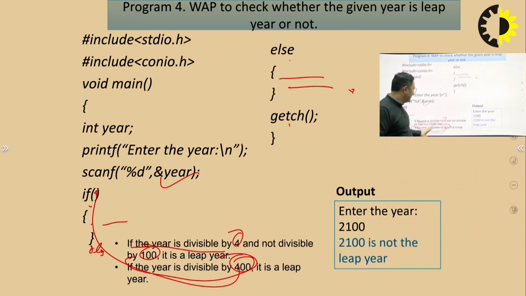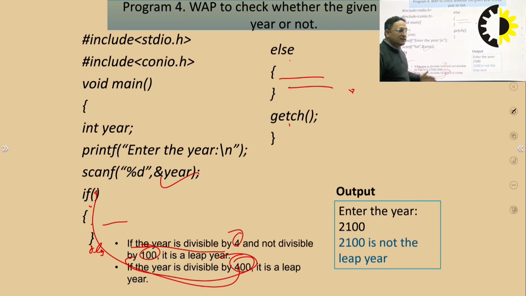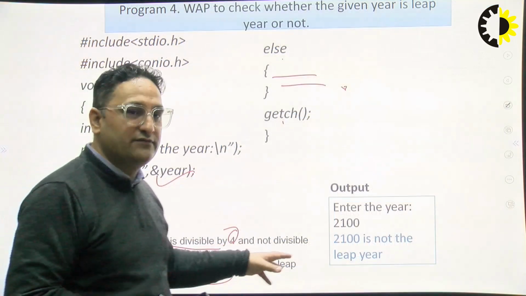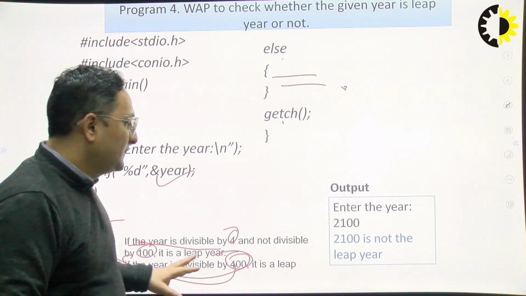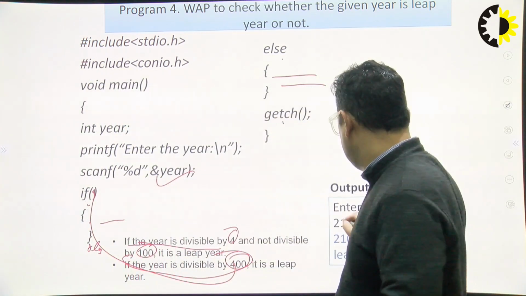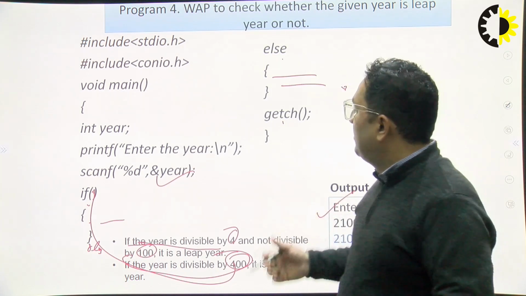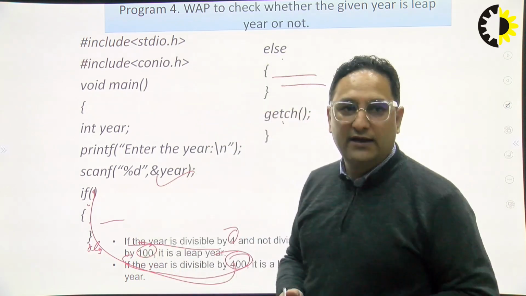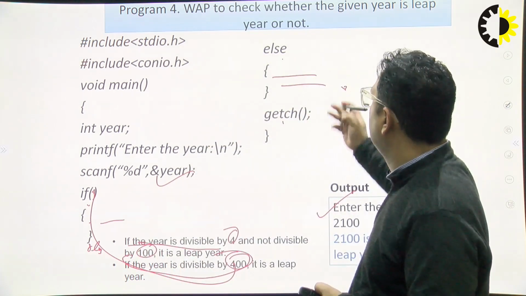And within that else, 2 conditions are there. If it is divisible by 4 and not divisible by 100, so there are logical operators also which can be part of this program. I encourage you to build this program on your own, and then have a look and get a very clear understanding of the if else.